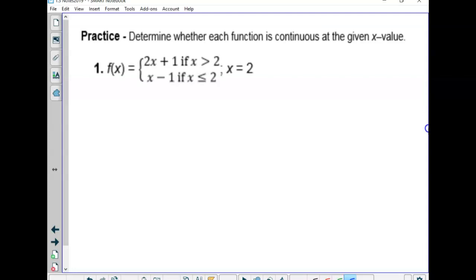This is the one that can have a jump. It doesn't always. But what happens at 2 is it changes rules. Does everybody see that? So up until 2, it was this rule, and at 2 and beyond, it was this rule. So our question is, when we put a 2 in this rule, do we get out the same thing as this rule? In other words, do they meet up?